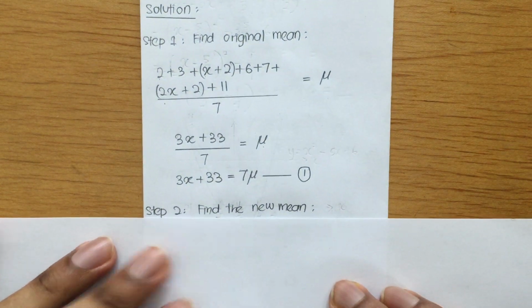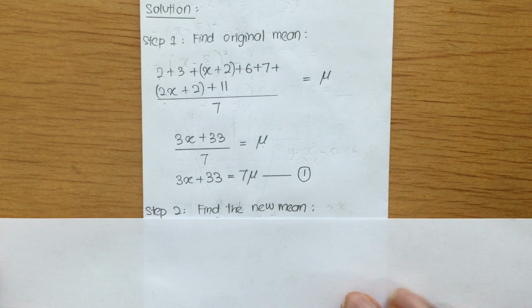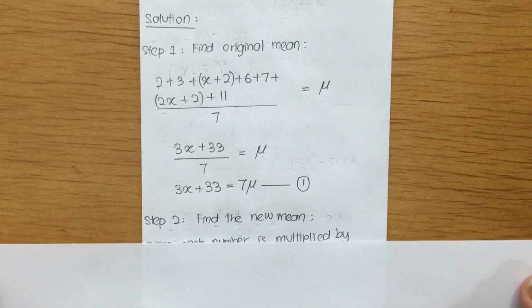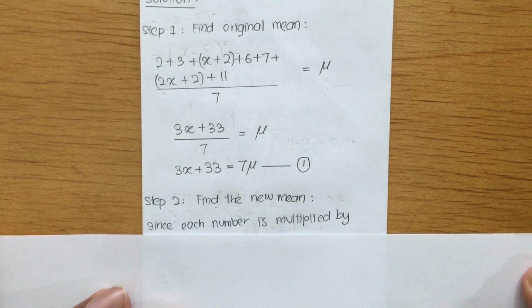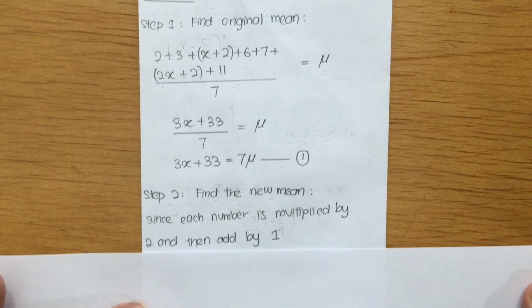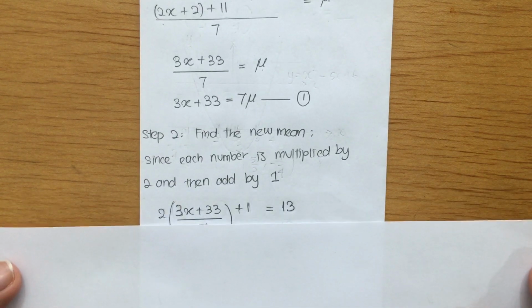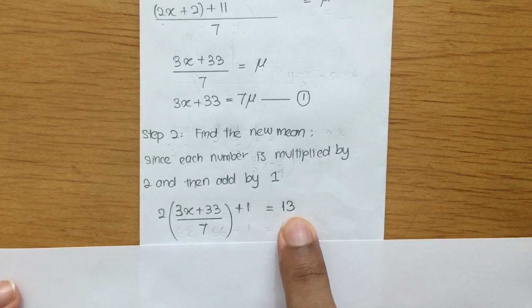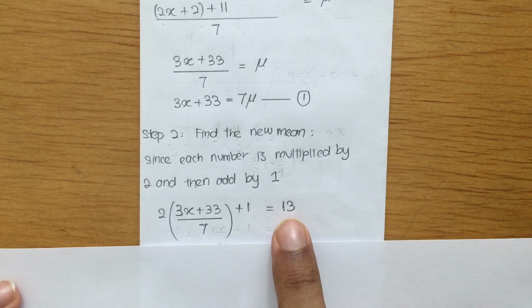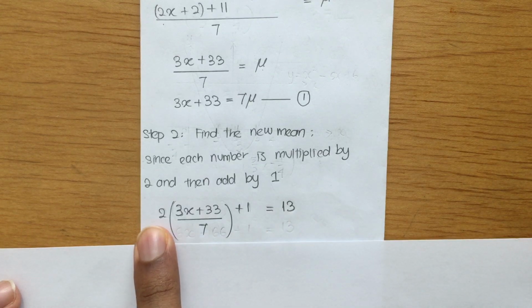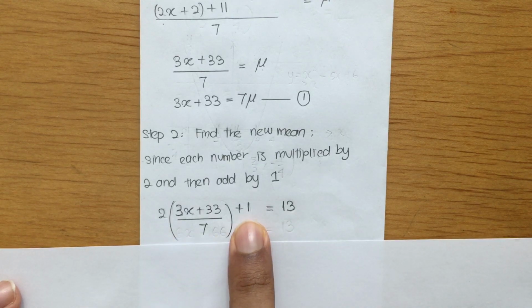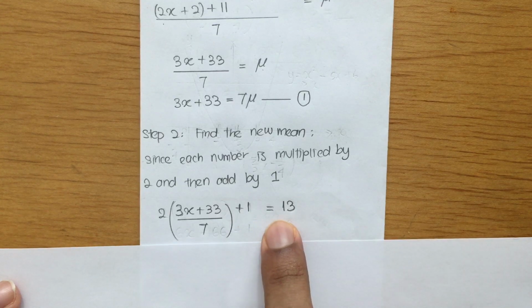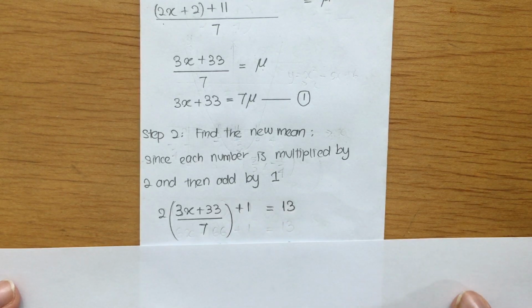Like I've mentioned for central tendency, those effects will take place when you multiply by 2 and then add 1. So this is your original mean value and this is your new mean value. To find your new mean value, you just have to multiply the original mean value by 2 and then add 1, and that equals 13 in this case.